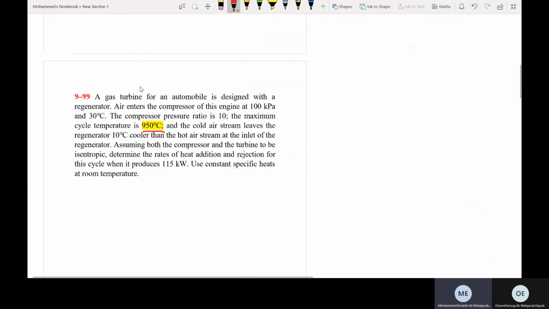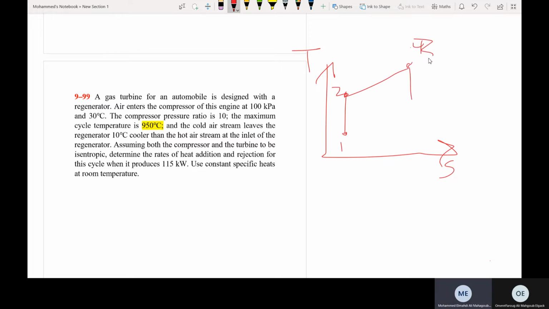Now we have a gas turbine. Also, I changed the maximum temperature in the cycle, because there was something in the physical meaning of it. Let's see here, this is the TS diagram. This is point 1, this is point 2, this is point 3, and this is point 4.